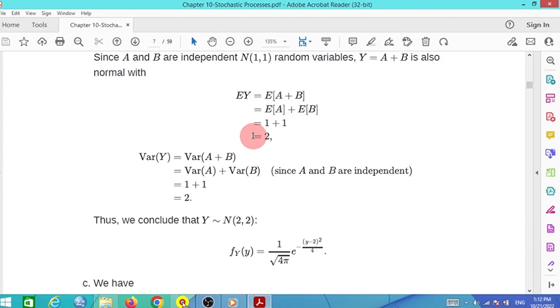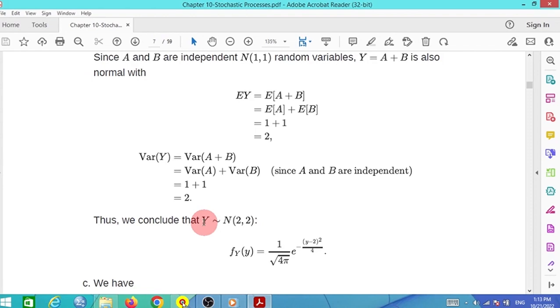You passed this in the course previously in your BS degree at university. So the variance of the sum, since A and B are independent, is variance A plus variance B. Variance A is 1, variance B is 1, so this is 2. Right. Thus, we conclude that Y is normal, since the sum of two independent normal variables is also normal.